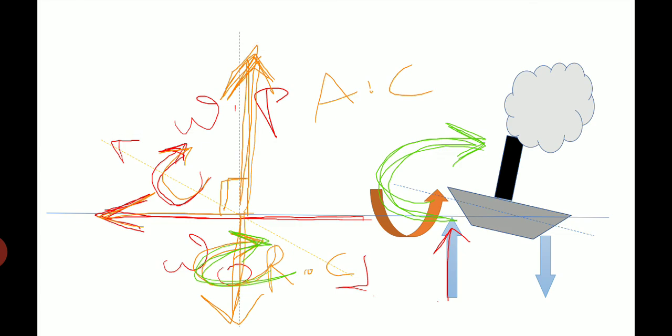As you can see here, the ship is taking a right turn due to the reactive gyroscopic couple. So we can say that when the ship pitches upwards and its rotary motion is in anti-clockwise direction, when we look at it from the bow end, the ship will turn to the right side.